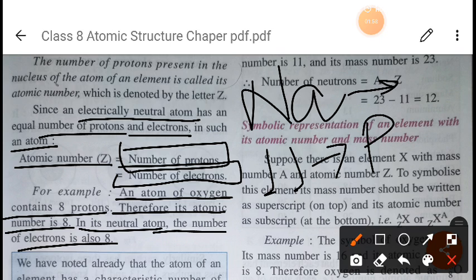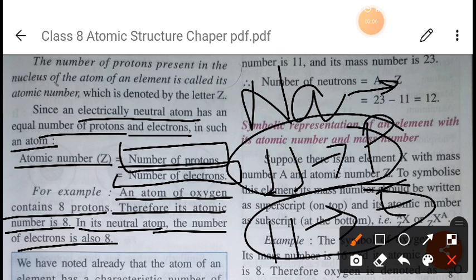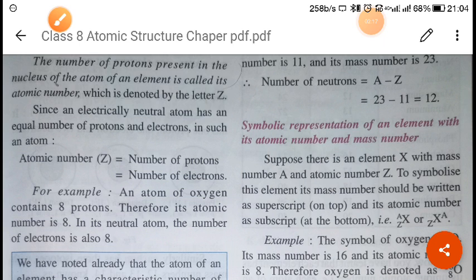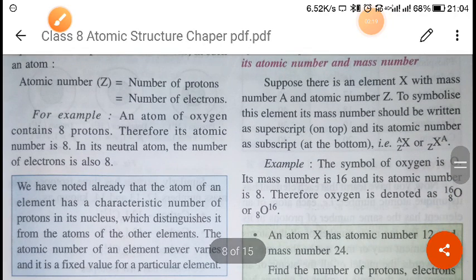Because it has 11 protons, and it has 11 electrons. So if it is a neutral atom, then we can say that the atomic number is equal to the number of protons, or it is equal to the number of electrons.